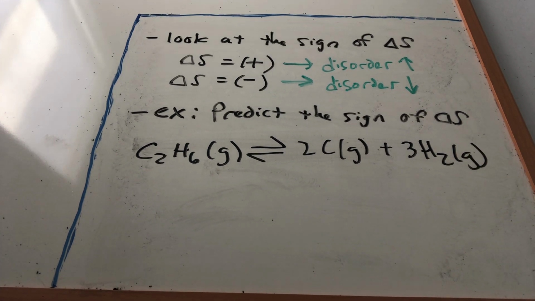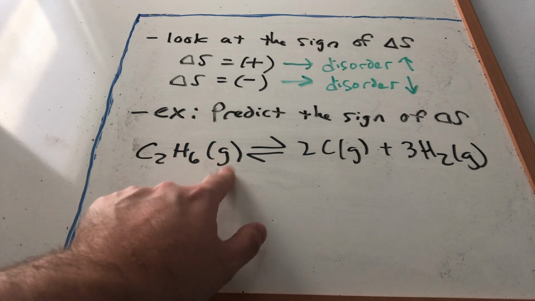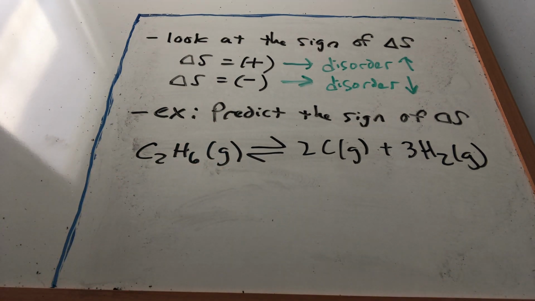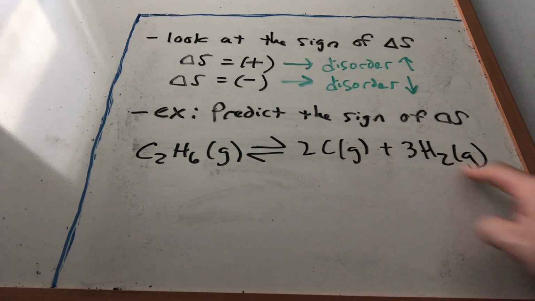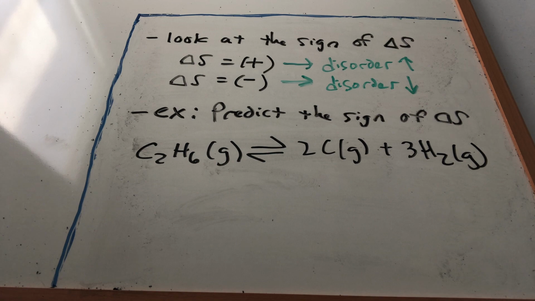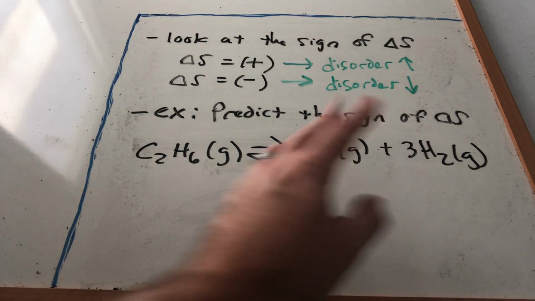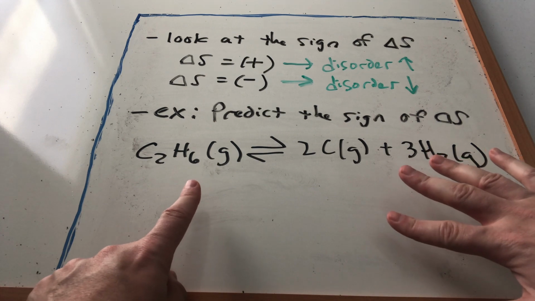So when we predict the sign of delta S, we look for motion and we look for number of particles. Over here we have 1 particle in the gas phase. Over here we have 2 plus 3, 5 particles in the gas phase. 1 particle became 5. It broke into 5 different parts.